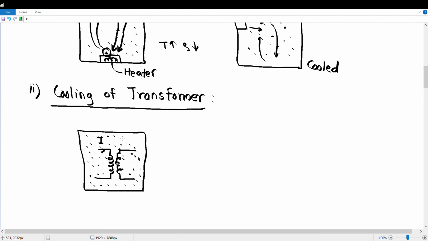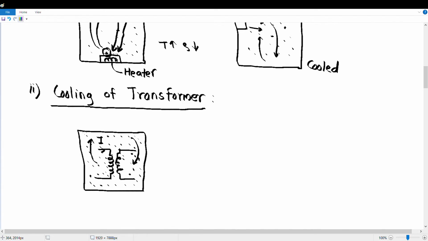When electric current passes through the coils, they get heated, and the transformer oil which is close to these coils also gets heated, its temperature increases, and as I have already discussed in the above case, the hot oil moves in an upward direction and is replaced by the cold oil.